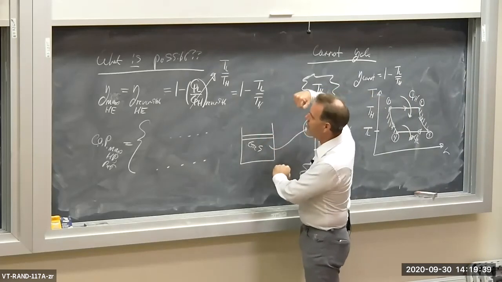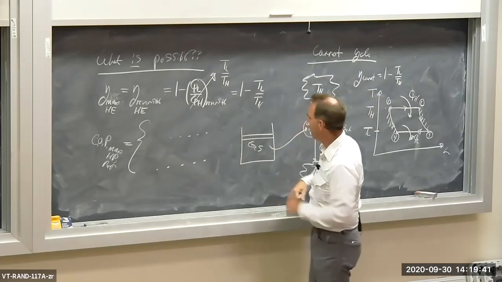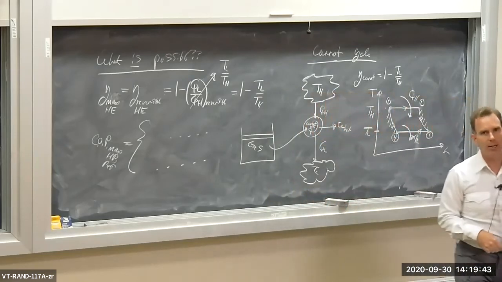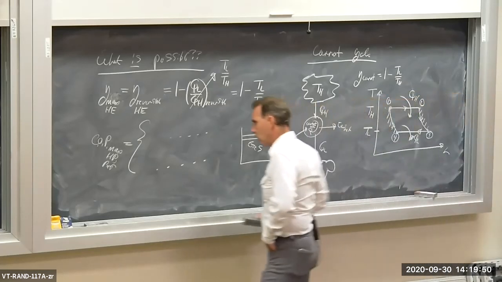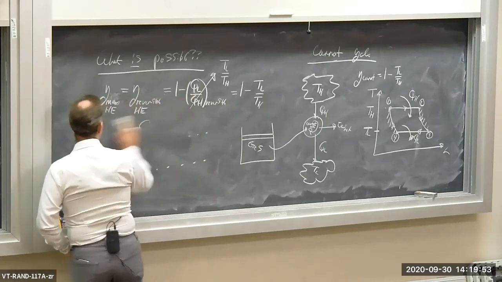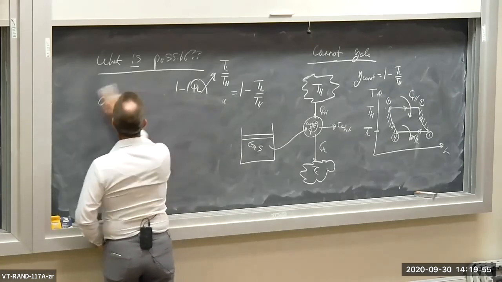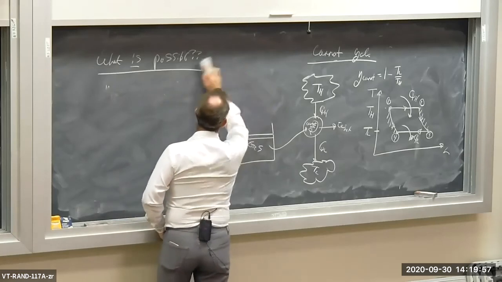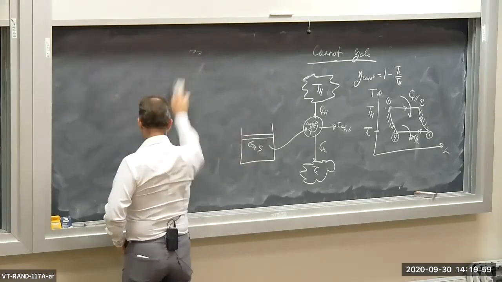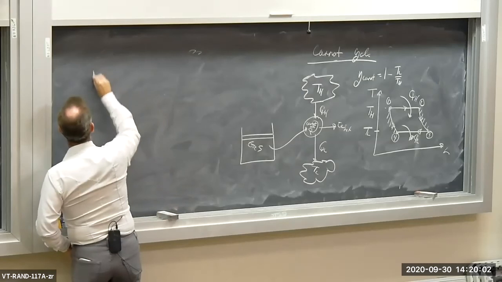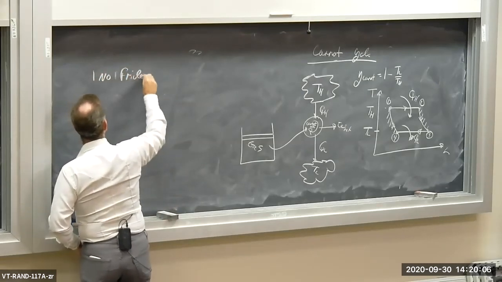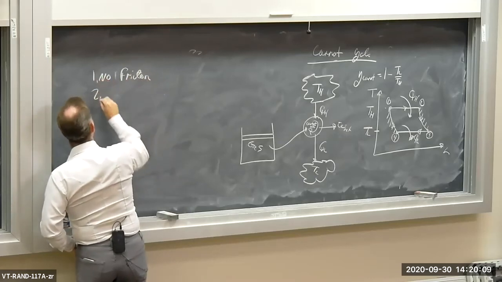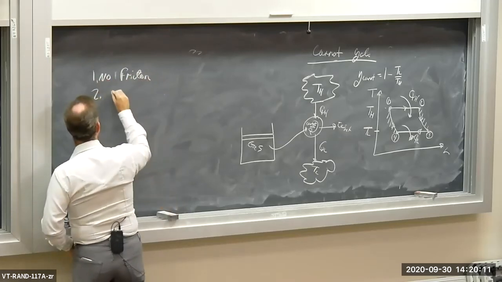You can't be yanking on the piston or pushing it down very quickly, else you get unrestrained expansion or compression. So it has to be very slow in operation. The Carnot heat engine contains no processes involving friction. No friction. No unrestrained expansion.